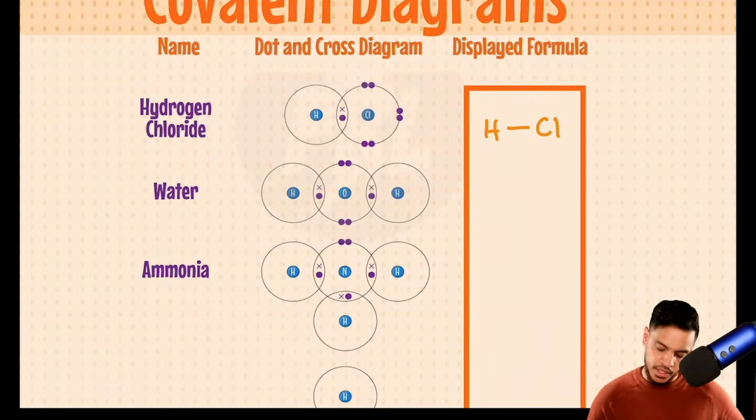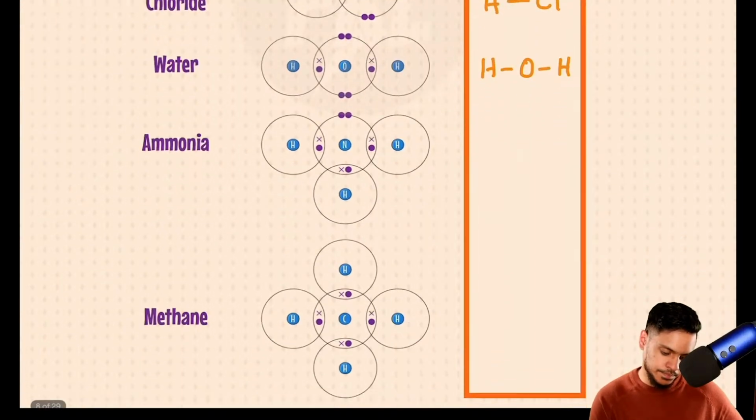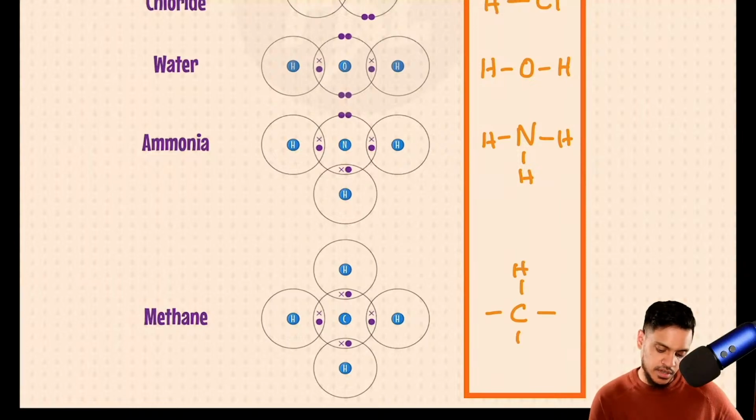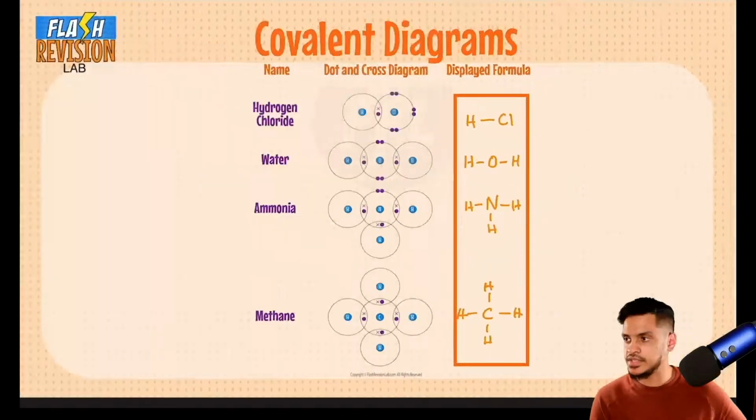Then we've got water, H2O, so that's going to be H bonded to O, bonded to H. Next, we've got ammonia, which is N bonded to 3 H's. And then we've got methane, which is carbon bonded to 4 different H's. All of these have single bonds.